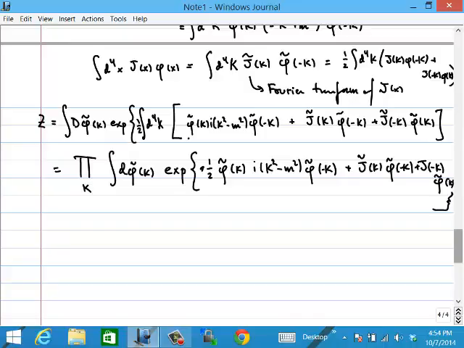So in particular, we introduce a new variable, I'll call it chi, where we just shift this Fourier transformed variable by j over, let's call it k squared plus m squared. Oh, I'm sorry, there's some i's here.